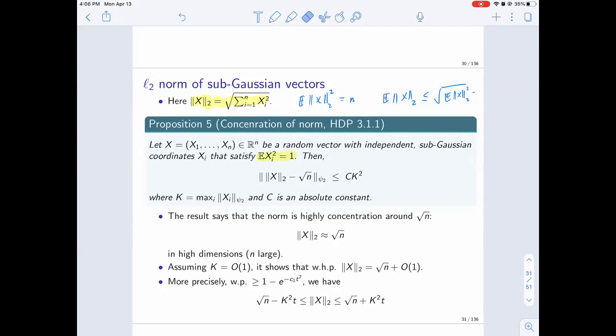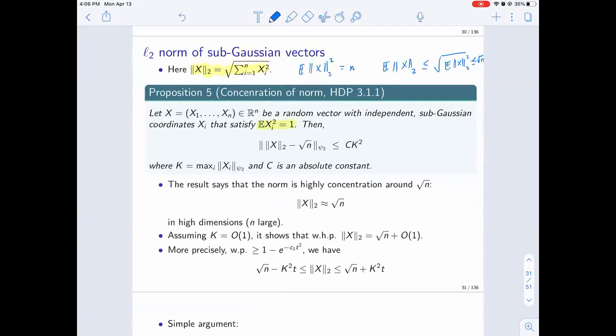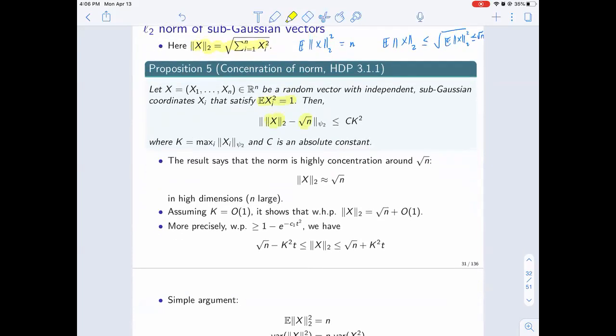This result is showing that in fact this norm is concentrated near root N. Not only is it bounded by root N, but it's very sharply concentrated near root N. So if you look at the norm and then subtract root N, which is not the exact expectation, by the way, the result is saying that this is going to be sub-Gaussian, and the sub-Gaussian norm is bounded by K squared, where K is the maximum sub-Gaussian norm of the elements of this vector.